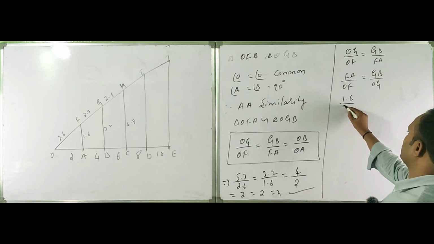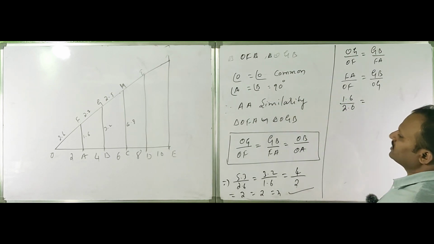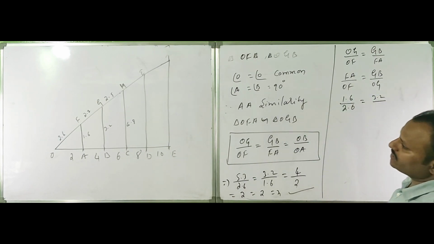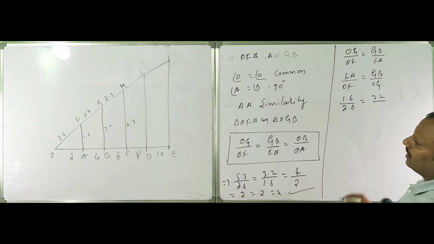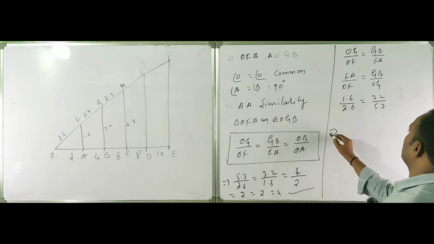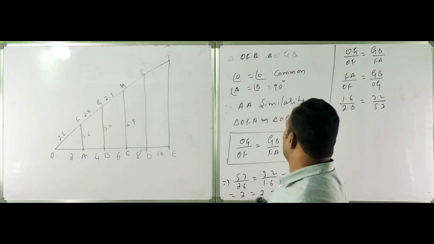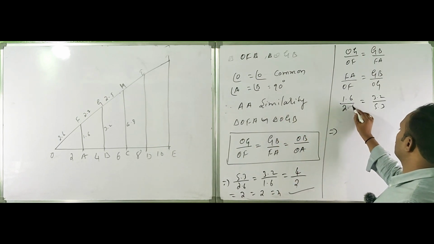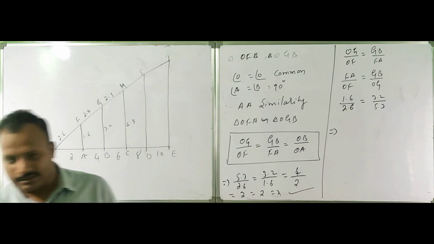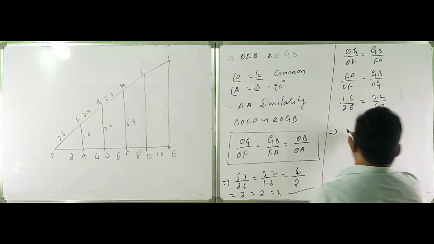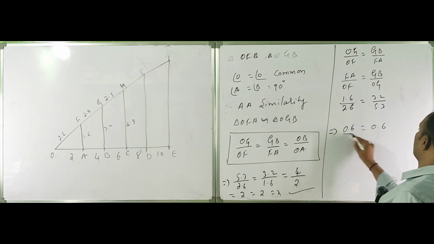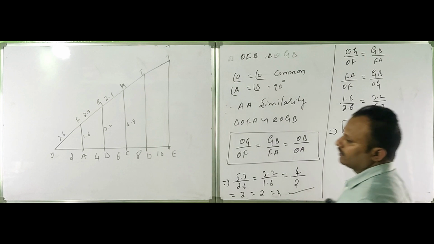OF is 2.6, is equal to the GB here, 3.2, and what is OZ here? 5.3. So I made the calculation and I am getting the value 0.6. You can check, 0.6 equal to 0.6, same value.